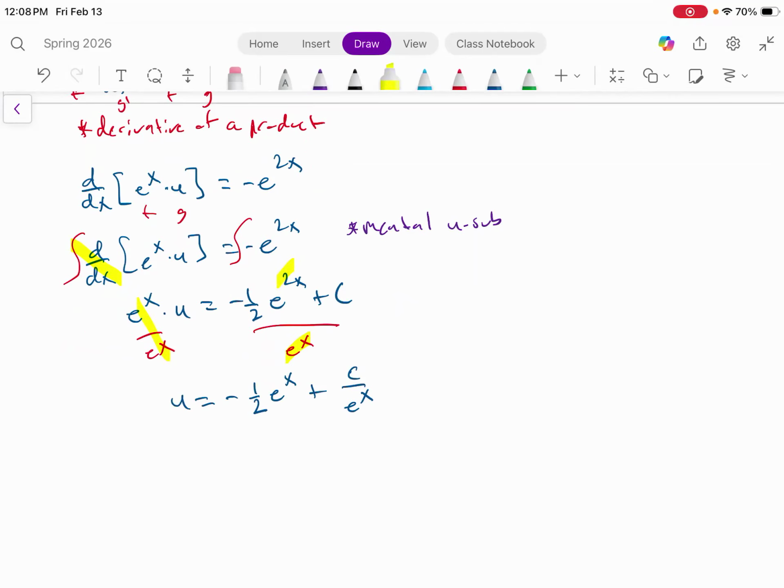Some exponential properties. And what else could we do? We can maybe bring up this e to the x to clean it up. So u equals negative 1/2 e to the x plus c e to the negative x.